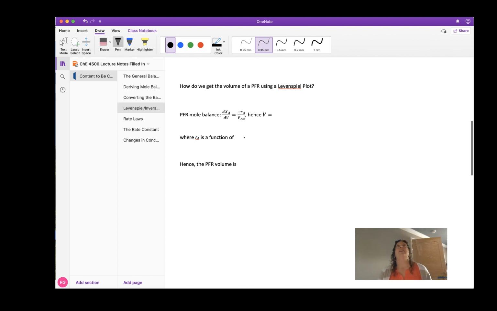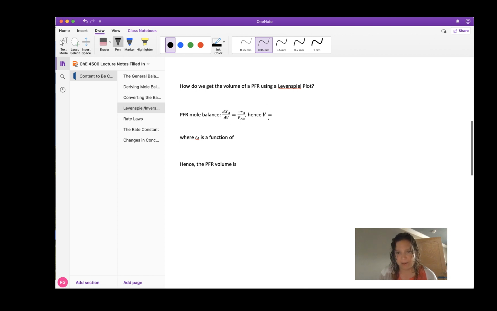So if we wanted to get the volume of a PFR to carry out some reaction with some kinetics to some conversion, what would we do? What are the mechanics of doing that? We would take this differential equation and separate it. rA is a function of X, so we'd group that with the dXA term over here, and move the dV term over.